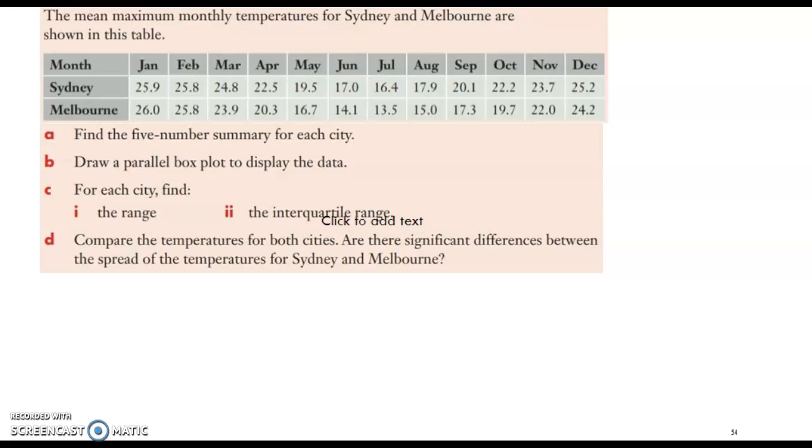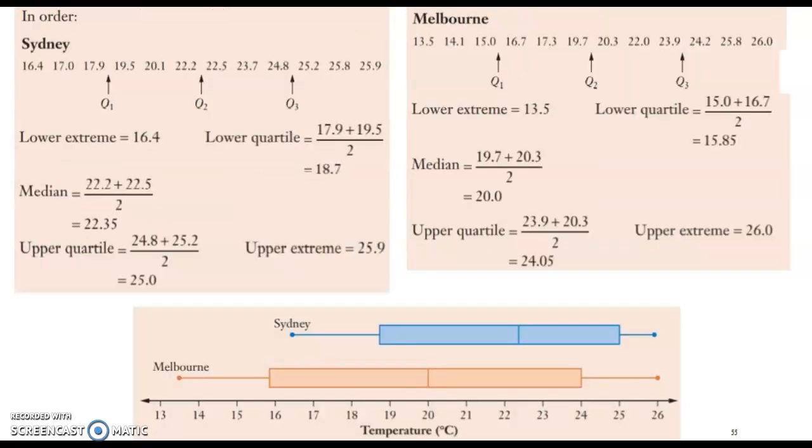So the first thing we need to do, of course, is put the scores in order. So for Sydney, we've put those in order and we've divided that into 4 equal quarters.